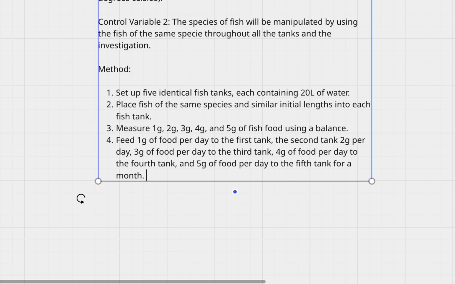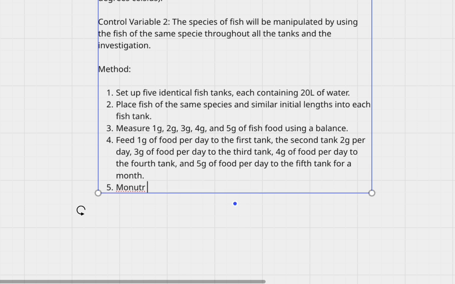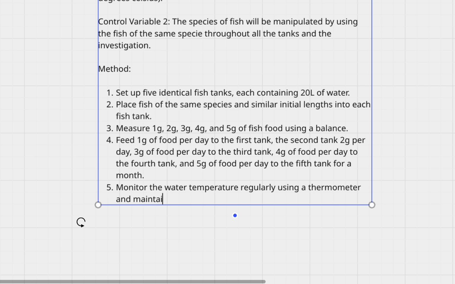Next, the fifth step is going to be monitor the water temperature regularly using a thermometer and maintain it at 25 degrees Celsius in all the tanks.